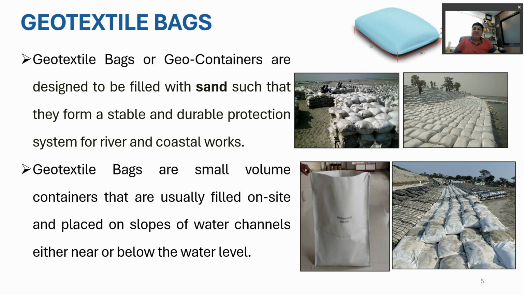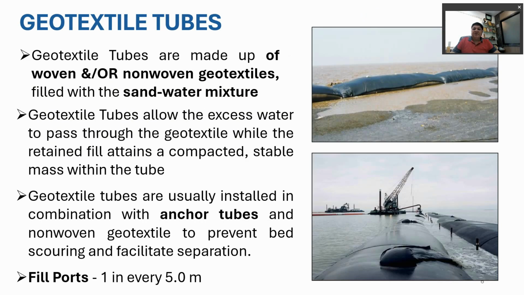So special fabrics are designed considering the drainage and other requirements and are to be placed at site. Then geotextile tubes are a bigger size; from the mega container we can convert to the tubes, and tubes are also made from woven, non-woven or composite materials and filled with sand-water mixtures and laid in a series of tubes to achieve the particular height of the reclamation.